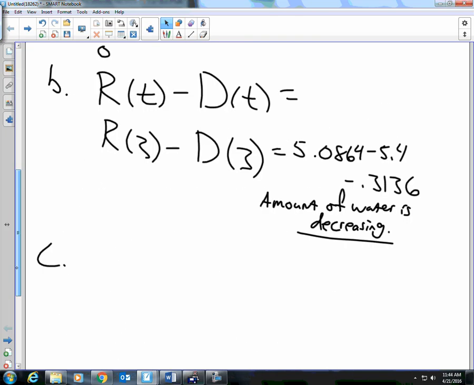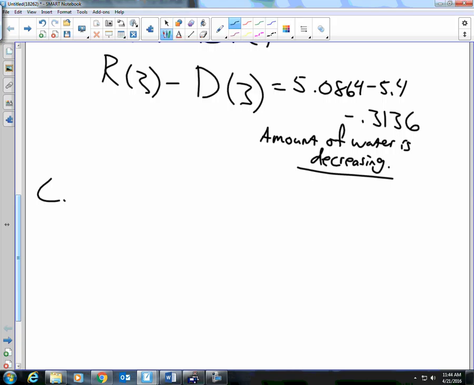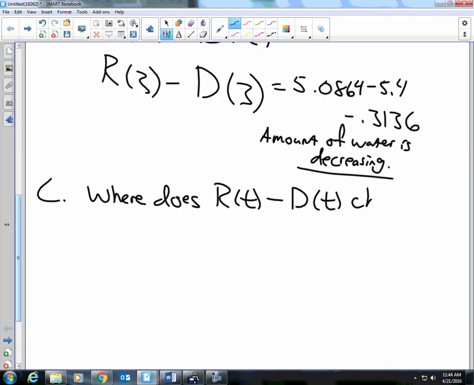So all we are looking for is where r of t minus d of t changes from negative to positive.